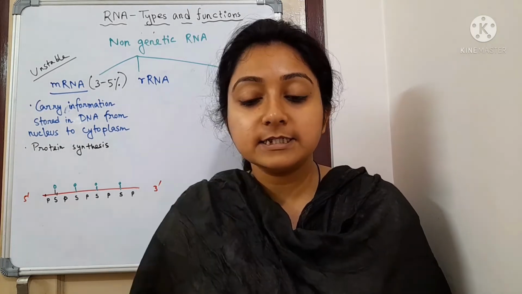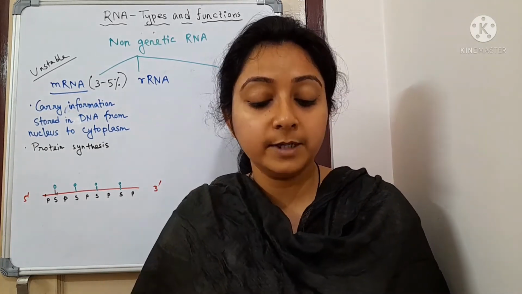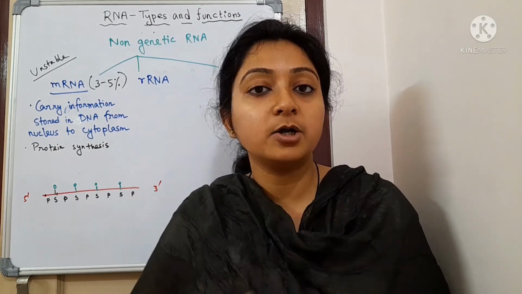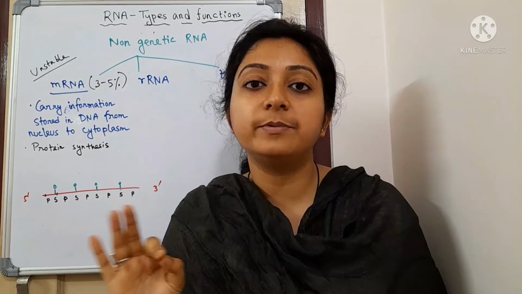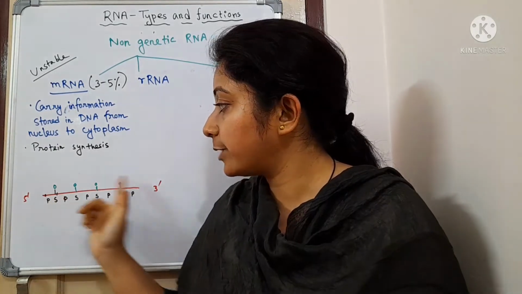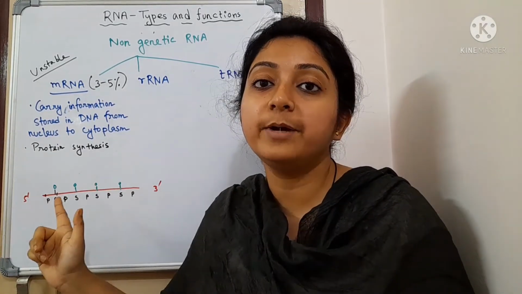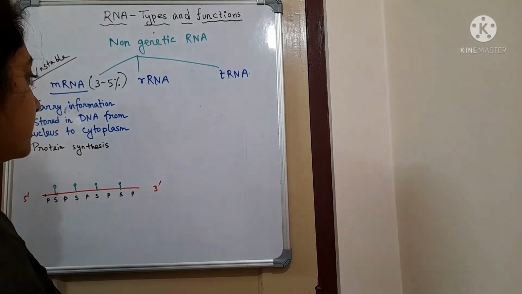As it is copying all the information, it is formed by making any one strand of DNA the parental strand. The strand of mRNA will be formed, so all of the nitrogenous bases present will be complementary to the DNA. Let me make it easier for you.